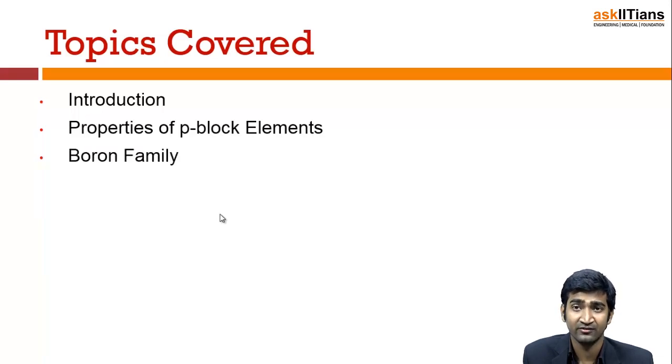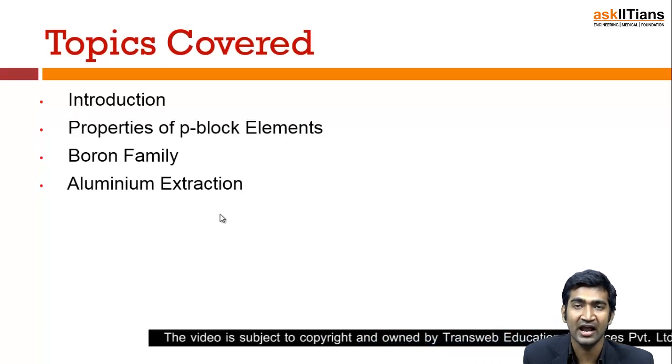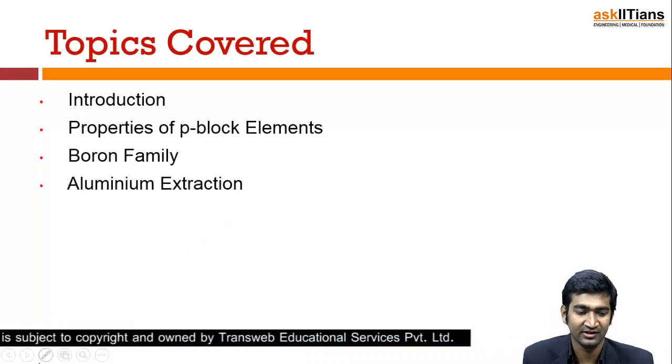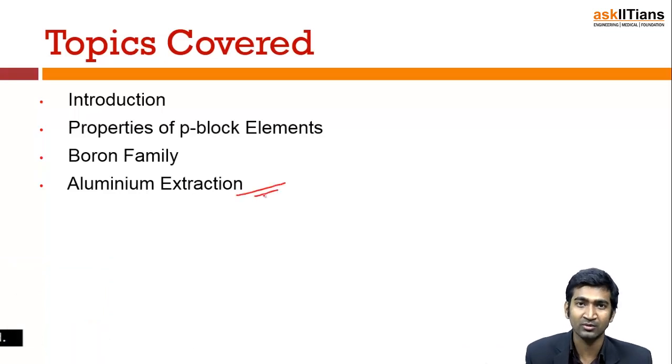Next, we're going to learn the first family of the P Block, that is the boron family, starting with group 13. Then we will learn about aluminium extraction. Aluminium being one of the most useful elements, its extraction process will be dealt with here.